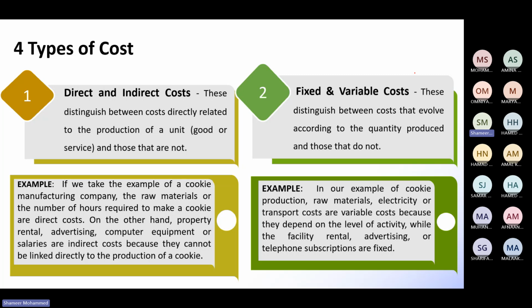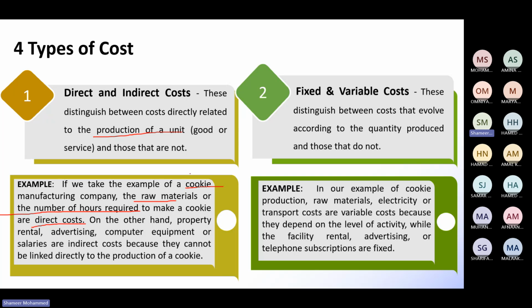That is, to produce a product or a unit, what is the amount of cost? Example, see here, a cookie. You are manufacturing a cookie in your company. So the raw materials or the number of hours you worked to make a cookie are called direct costs.